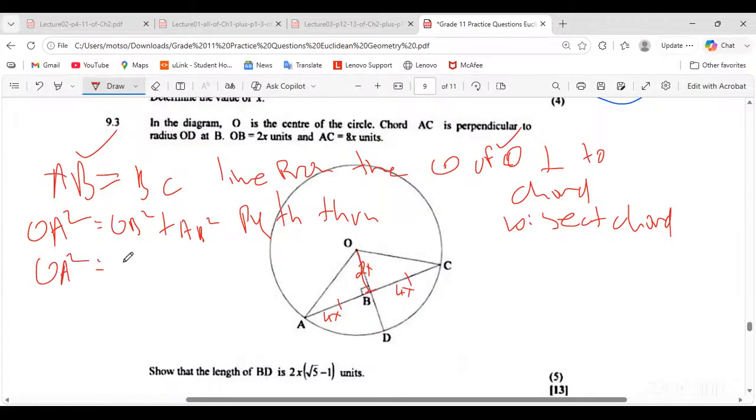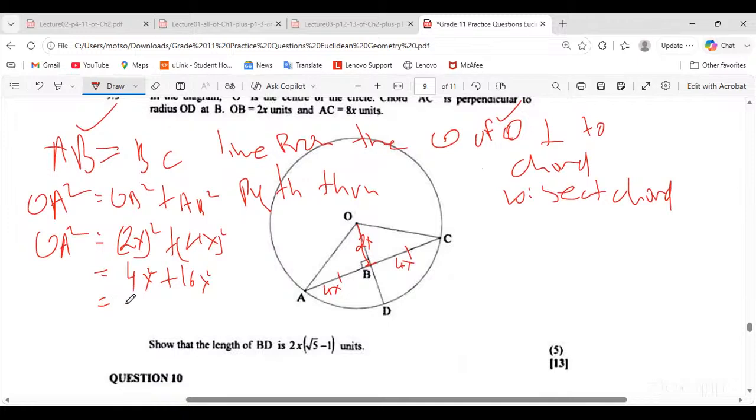What is OB? It is 2x. What is AB? It is 4x. This will give me 4x squared plus 16x squared, right? Everything here gives me 20x squared. That is OA squared.